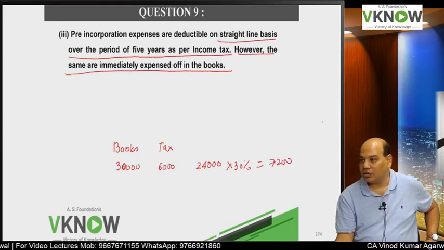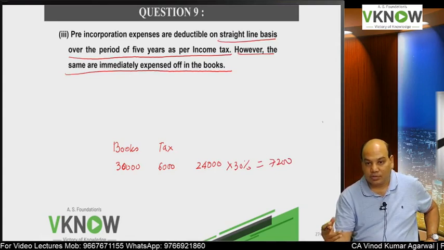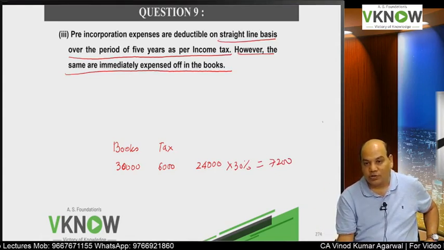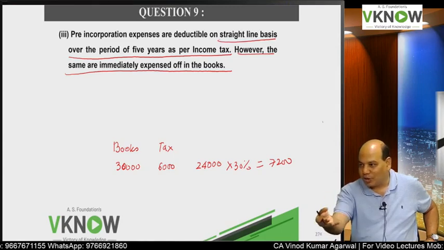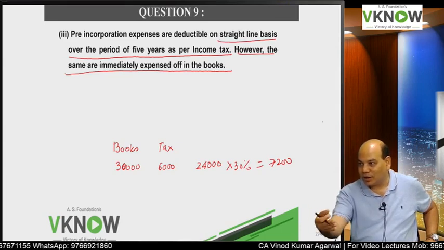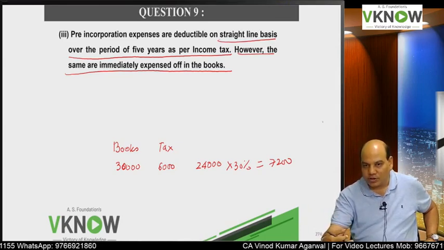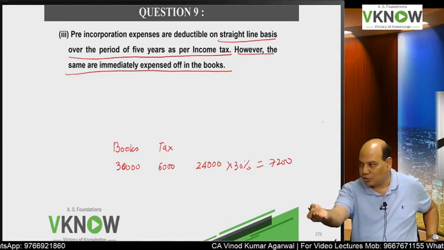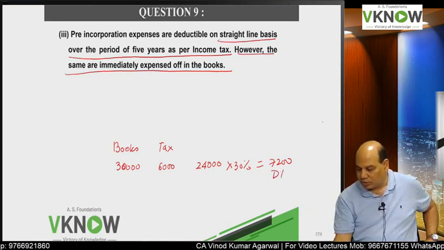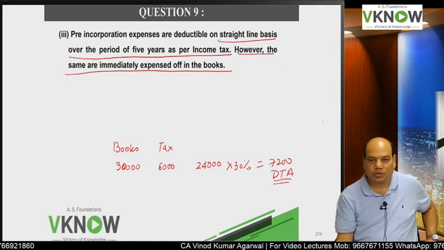DTA or DTL? Deferred tax asset, because you will save tax in future. Right now it is disallowed, so you will cry. But next year, without doing anything, you will claim 1/5 of 30,000, so you will save tax. So if the adjustment results in more tax saving in future, this will give rise to a DTA of 7,200.